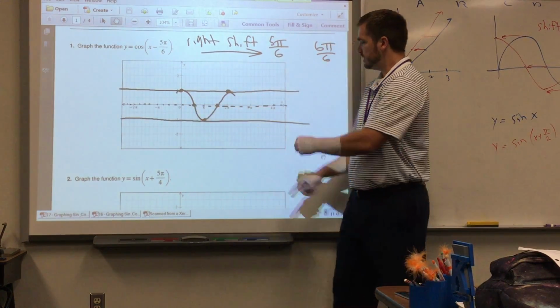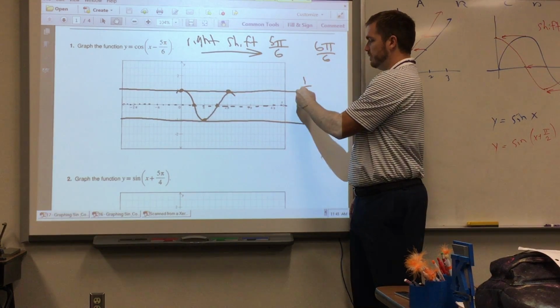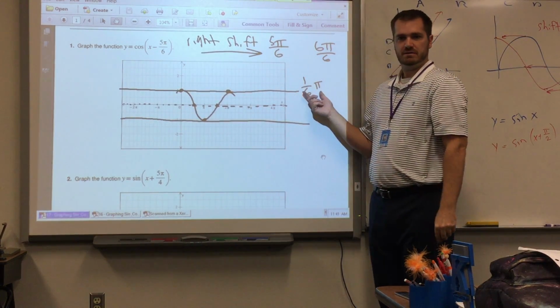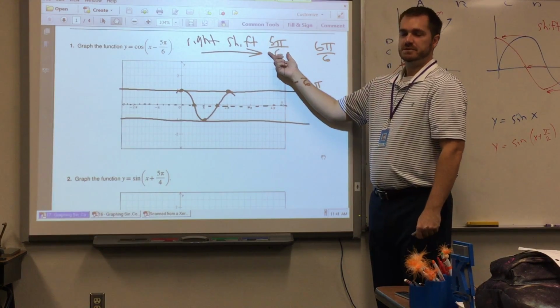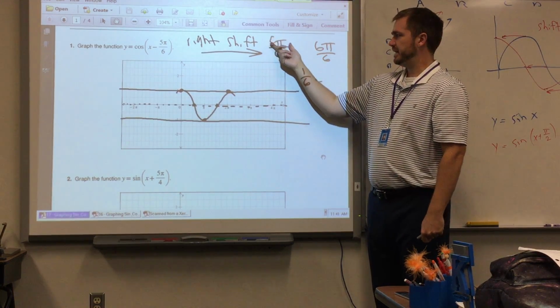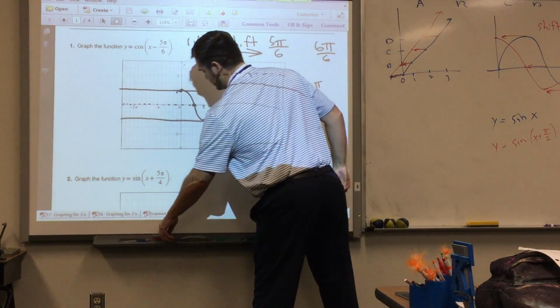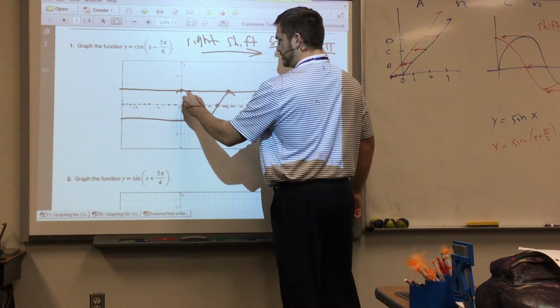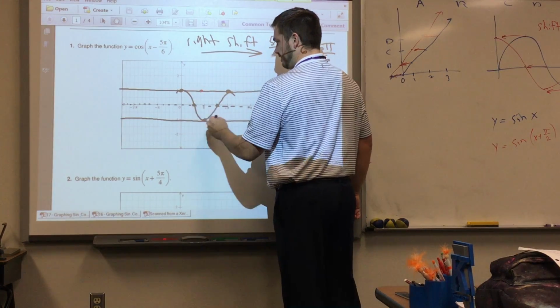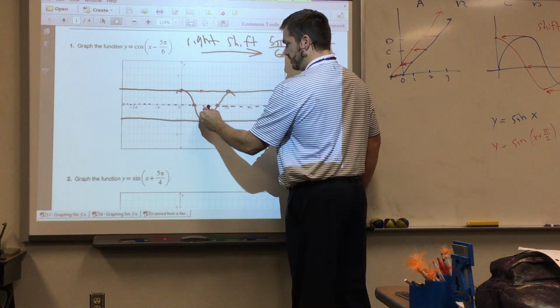So each one of those boxes is 1/6 of pi. So 5 pi over 6 would be 5 boxes. 1, 2, 3, 4, 5.